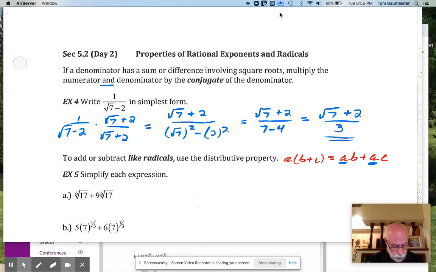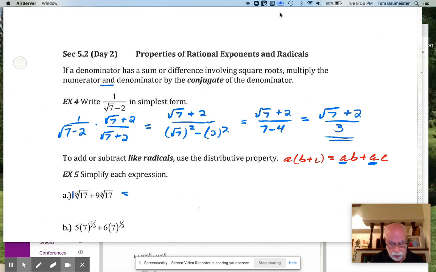So on the first one here, we have the 6th root of 17 plus 9 times the 6th root of 17. Again, I want you to think, if I don't have a coefficient, that's the number in front of something, I'm going to put a one, because we know that's 1 times the 6th root of 17.